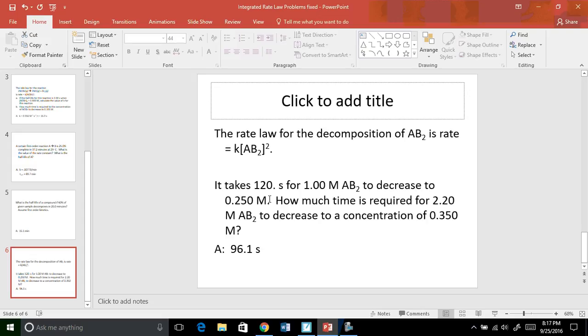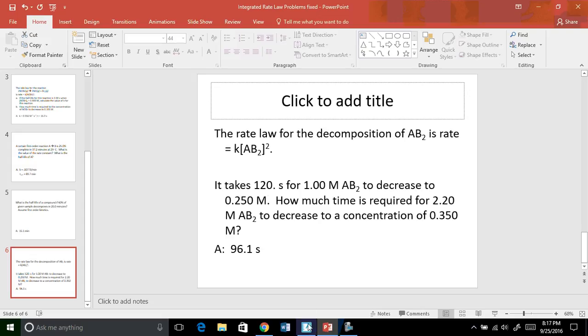You use this first sentence to solve for K. So the time is 120 seconds. The initial concentration is 1, and the concentration at 120 seconds is 0.250.